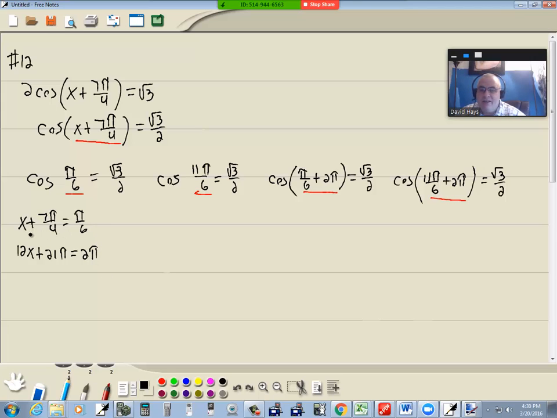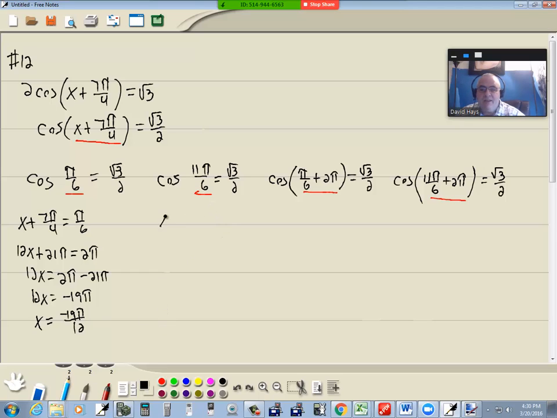Let me double check that. Times 12: 12x, 21, 2 pi. Okay, so then we take the 21 pi over. I get 2 pi minus 21 pi. So I got 12x is equal to negative 19 pi, or x is equal to negative 19 pi over 12.